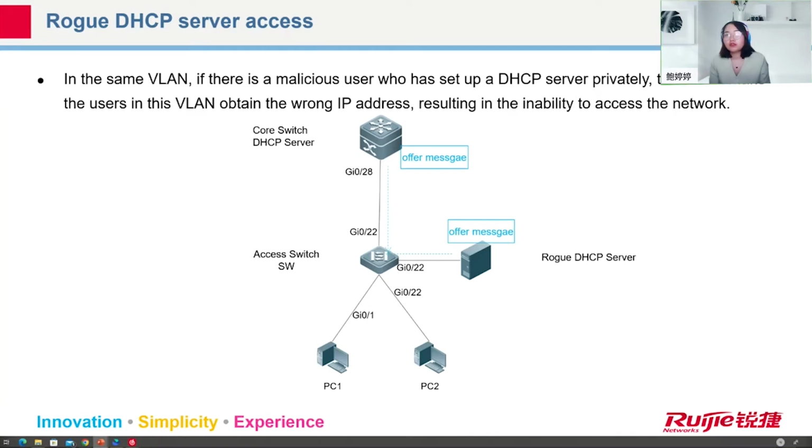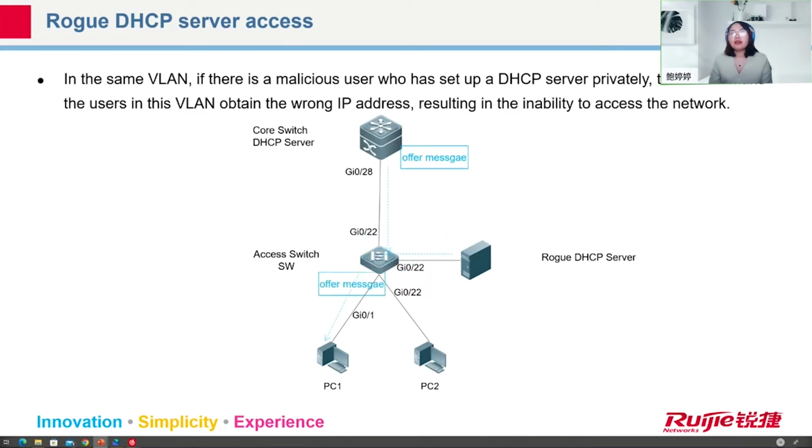to the access switch. The access switch will also forward the message, because the offer message is also a broadcast message. So this message will be sent to PC1. But pay attention to PC1. Maybe it will receive the offer message from the illegal DHCP server first. And according to the principle, if PC1 receives multiple offer messages, it will choose the fastest one, the first one.